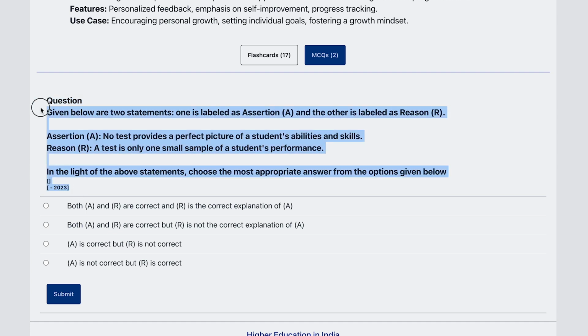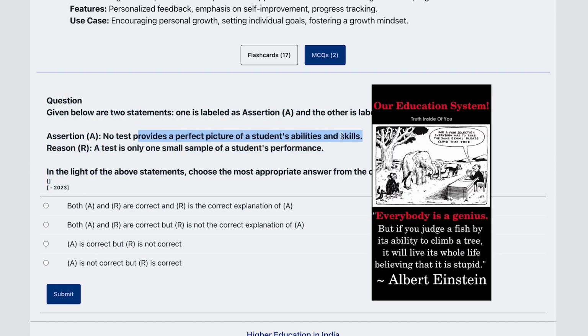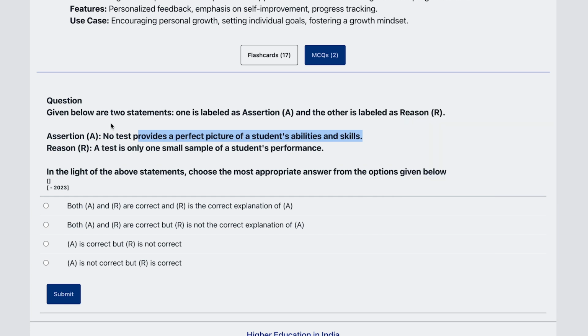Assertion: no test provides a perfect picture of students' abilities and skills. This reminds me of a quote by Albert Einstein when he said that if you judge a fish by its ability to climb a tree, it will live its whole life believing that it is stupid. So, no test provides a perfect picture of a student's abilities and skills. Not even IQ. This is correct.